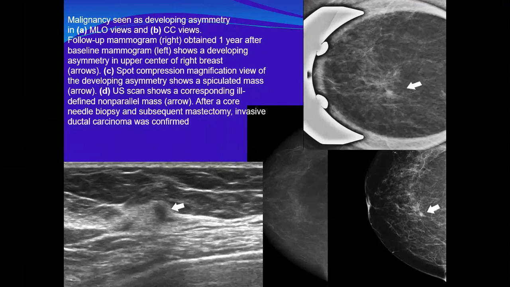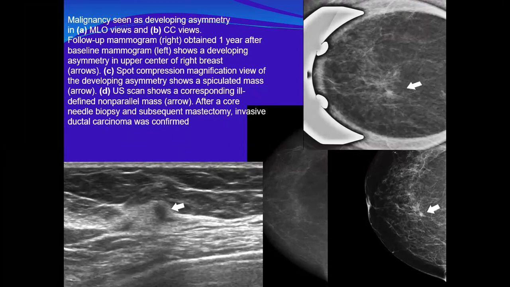Look how they pick cancer very early. One year after a baseline. That is a baseline showing developing asymmetry in the upper central of the right breast.